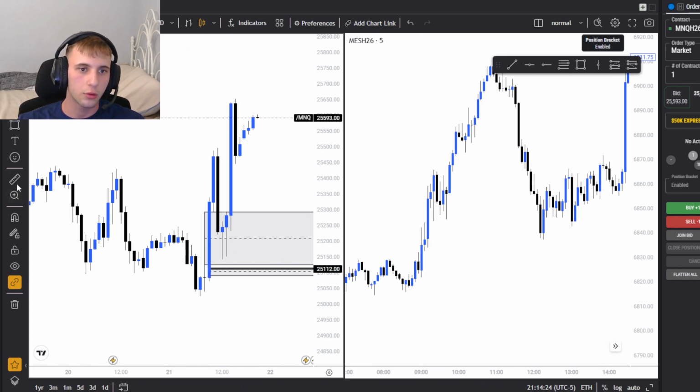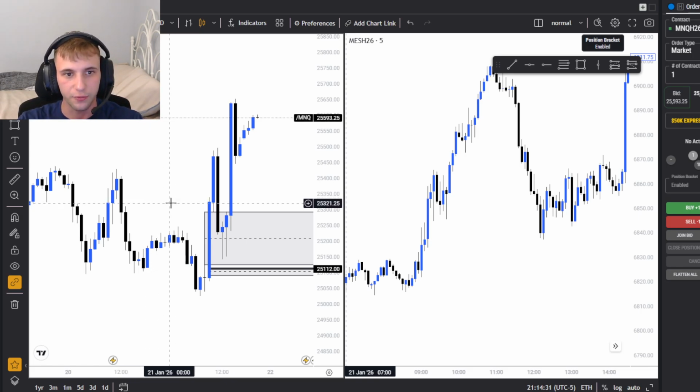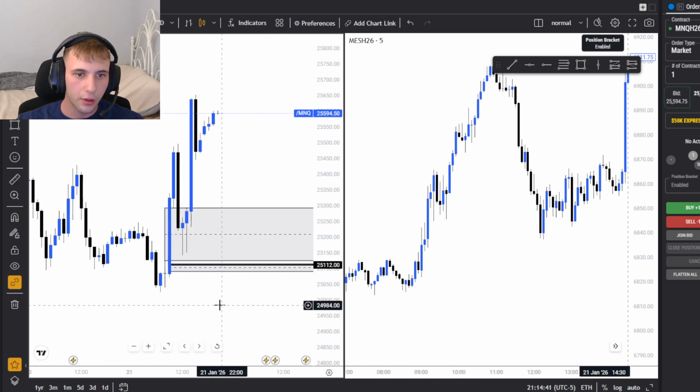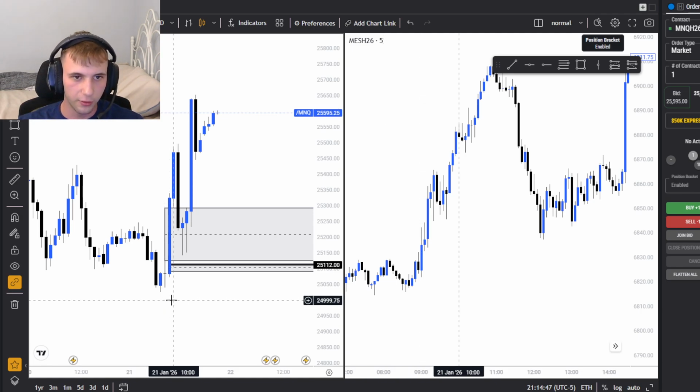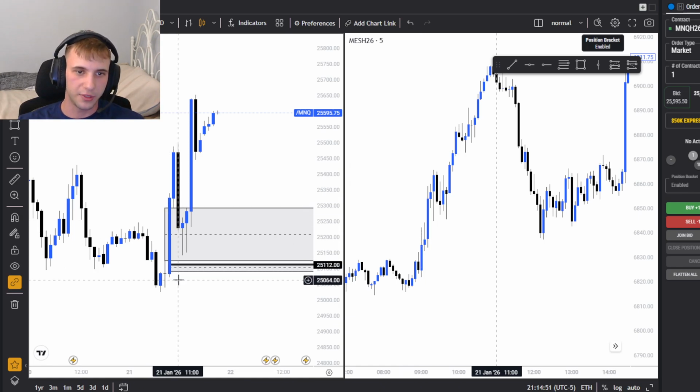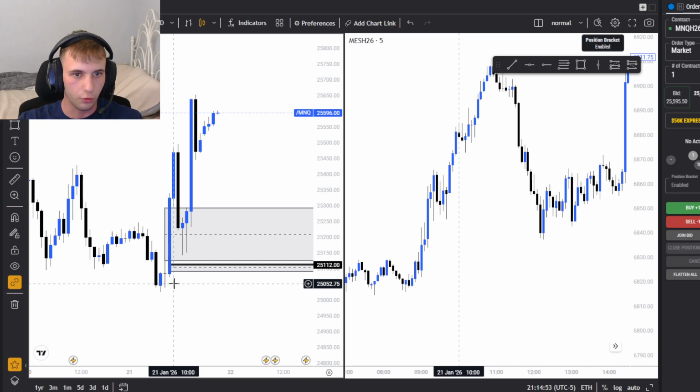Cool. Price held a level that you wanted it to hold. Price gave you a reason to enter into the market, right? The only issue now is that you're not happy with this entry point, and price has not come down, whether it was the previous candle or the next candle, to actually fill your position, because you want a decent entry.